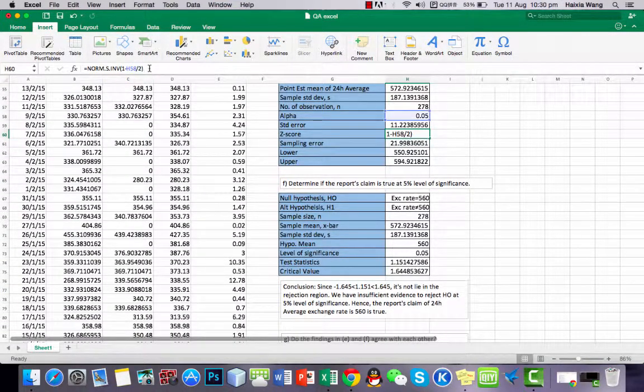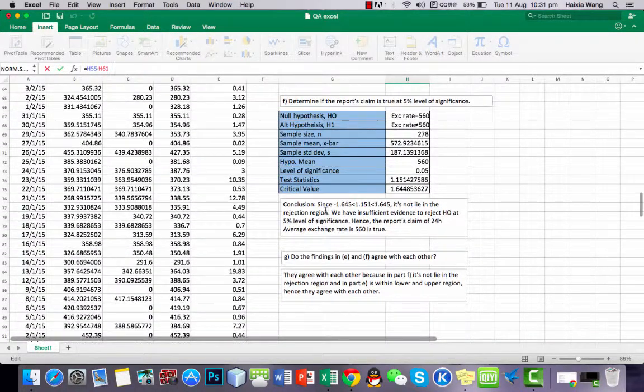For z-score, the formula is the inverse of the standard normal distribution of 1 minus alpha divided by 2. For the sampling error, it's just standard error times z-score. Then I press enter. For lower, it is the mean minus the sampling error, and for upper, it is the mean plus the sampling error.